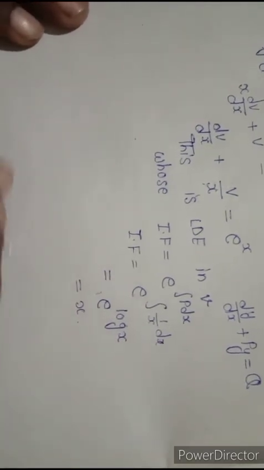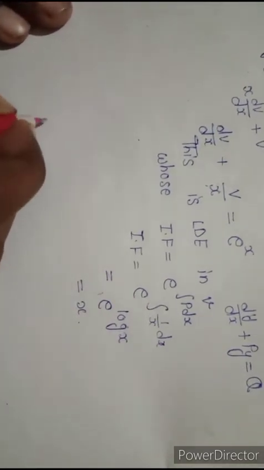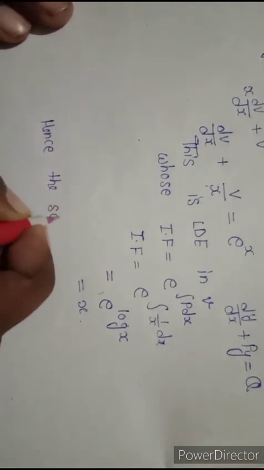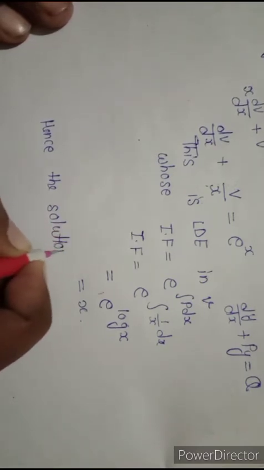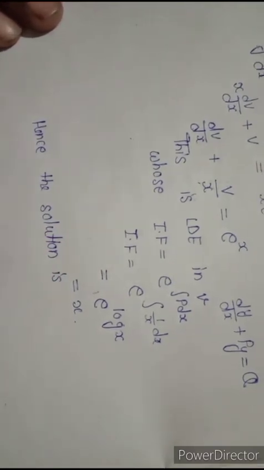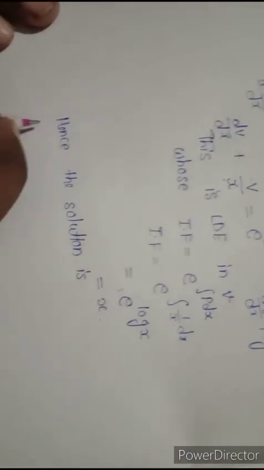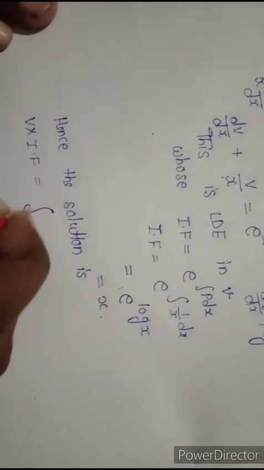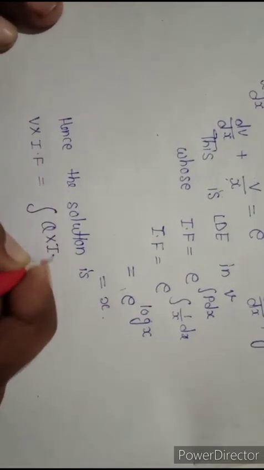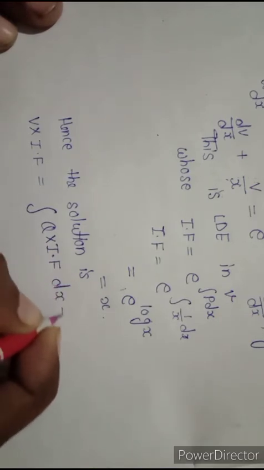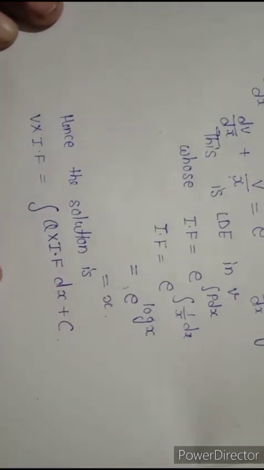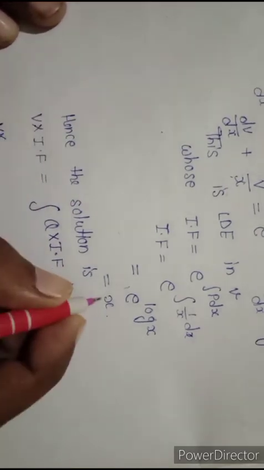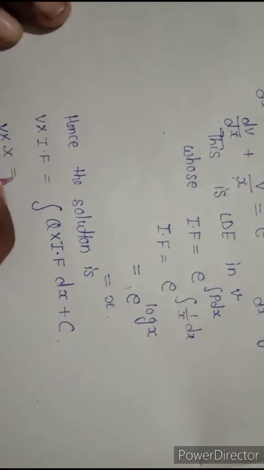How do we write the solution of this differential equation? Hence the solution is: the dependent variable here is v, so v into the integrating factor is equal to the integral of q into the integrating factor dx, plus c, the integrating constant. So v into the integrating factor, that is x, is equal to the integral of q times x. What was the value of q?